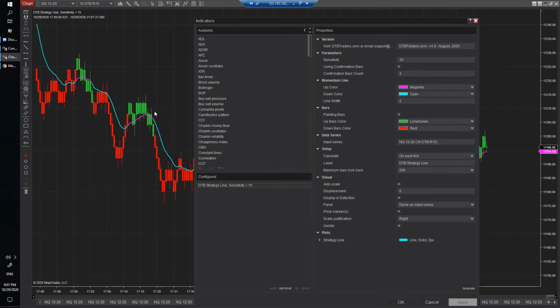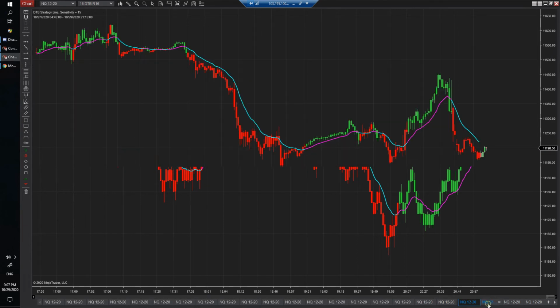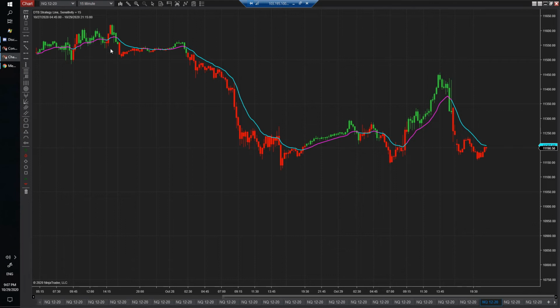So what it's going to do is it's only going to change the coloring of the bars once 3 bars have confirmed that trend change. So again, this could be used on all different size bars as well as the minute bars. So whether it's 5 minutes, 15 minutes, whatever minute bars you are using, it's just giving you basically the moving average, and it's coloring the bars according to how price is in relation to that average.